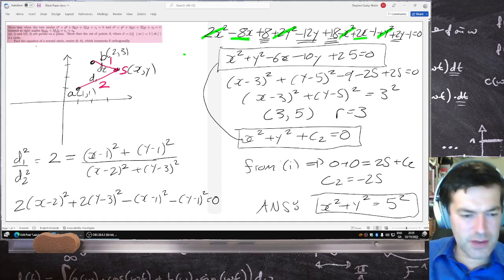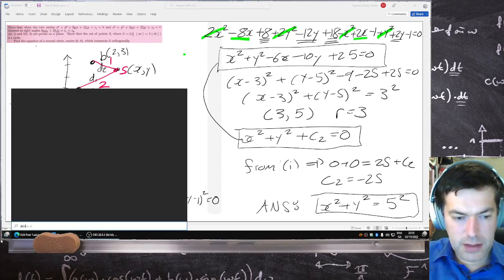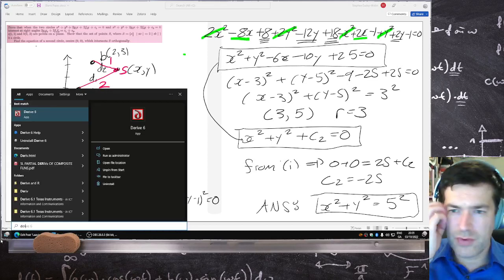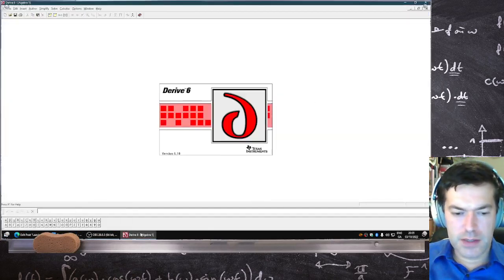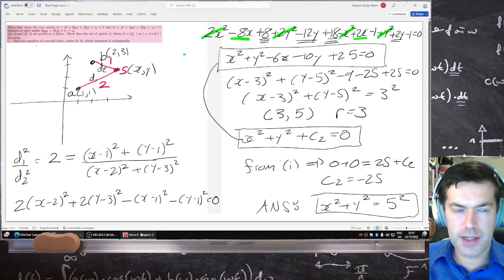Now, there was a lot going on in this question. I think I would like to graph things to see how they look. Right, so what would I graph first?